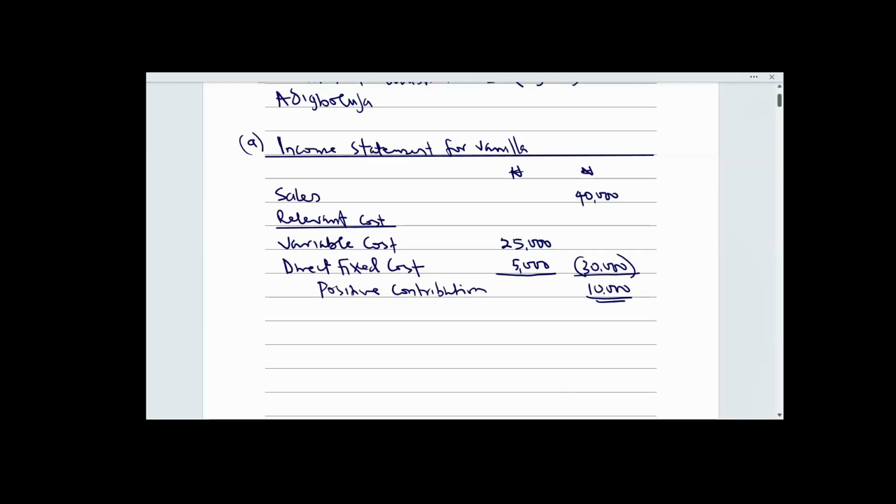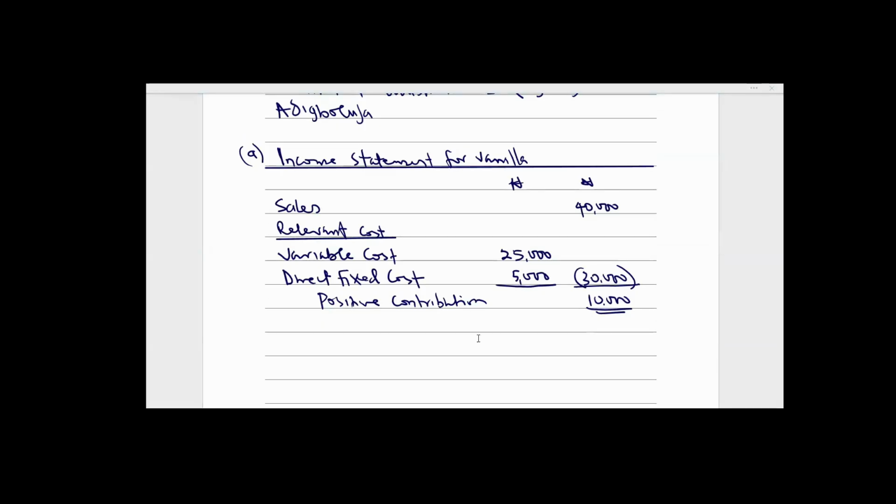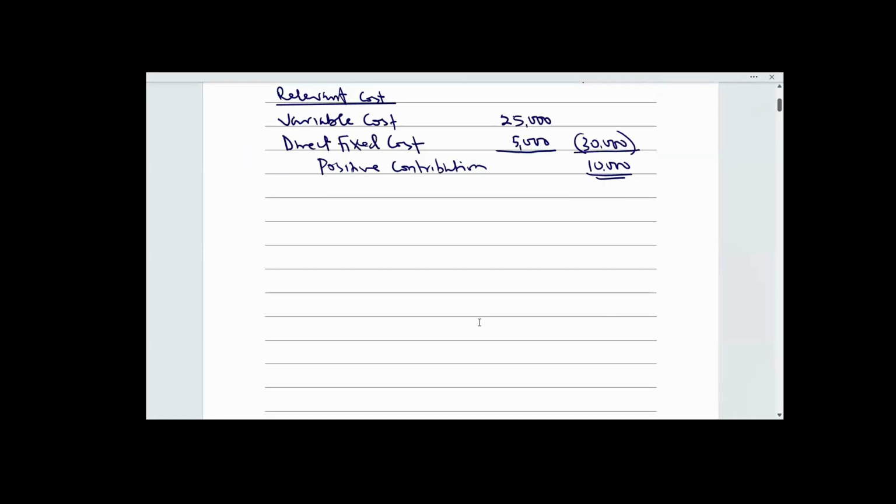All right. So in the question the examiner is then asking you, should the company drop the sales of vanilla? So that means you need to advise. So I will then come here, advise. Because we have a positive contribution, our advice should be that the Adigboduja should not drop the sale of vanilla. So how do you put it down? So let's do it.